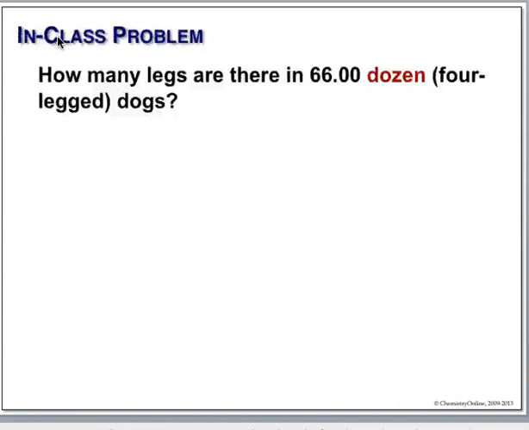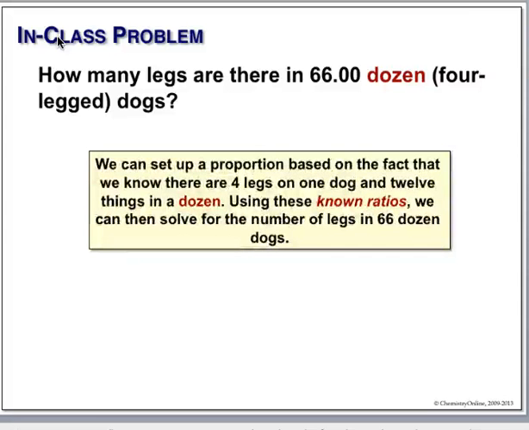Let's do a silly problem. Let's say we had dogs, and these dogs all had 4 legs. So we have 66 dozen 4-legged dogs. How many legs do we have? Okay, well, we can do this. Let's think about this in terms of our given, our ratio, and what we're trying to find. We are given here that we have 66 dozen 4-legged dogs. And we know a ratio.